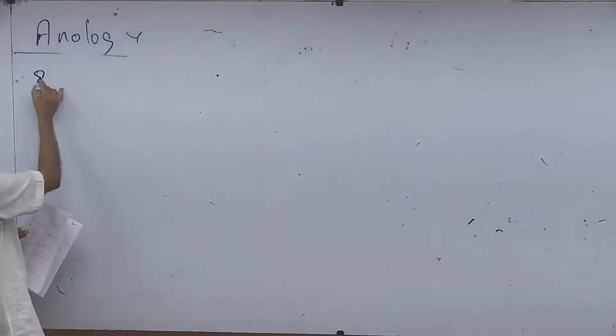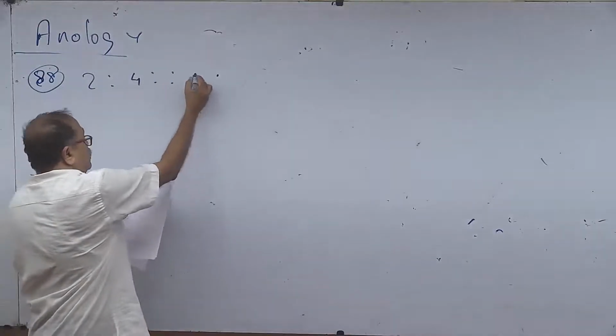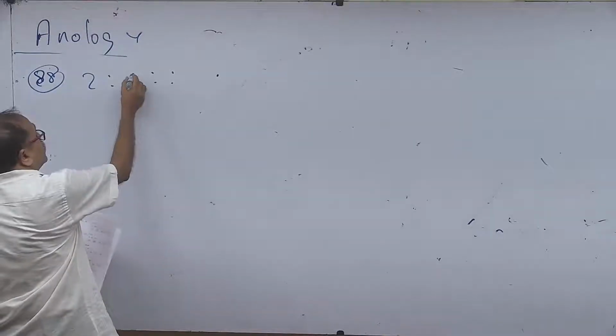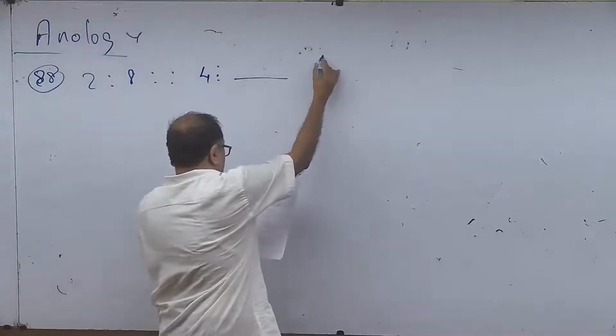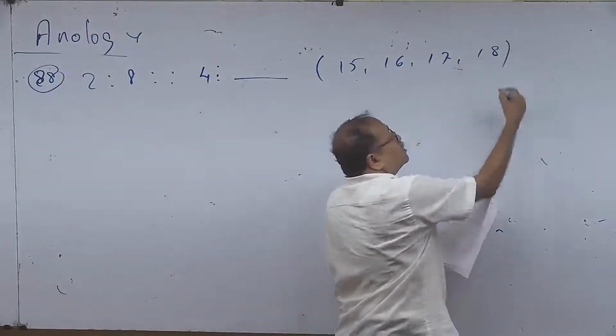Okay. Now, if 2 is written as 4, example 8, then 2 is written as 8. Then 4 will be written as, so 15, 16, 17 and 18.